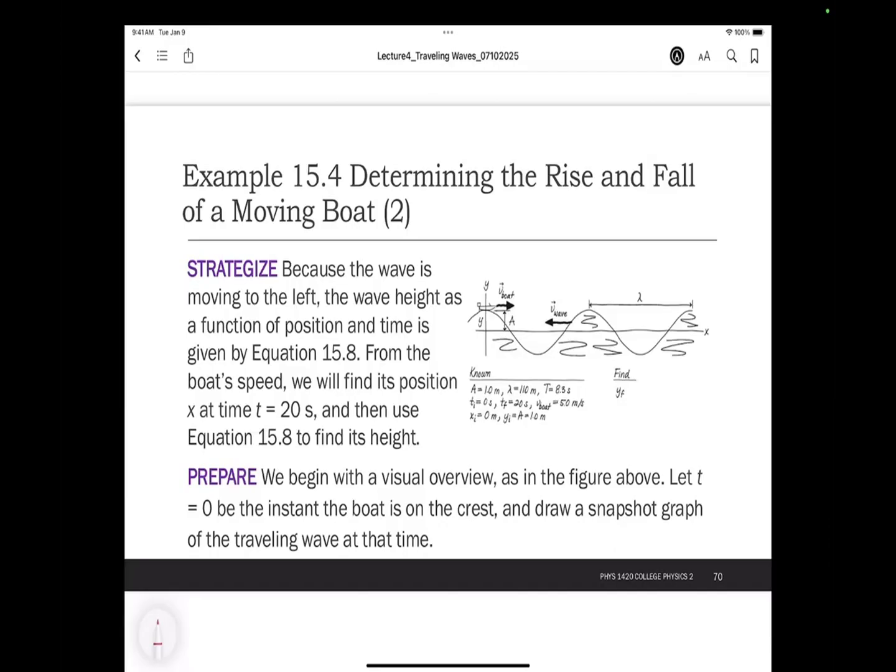From the boat speed, we will find its position x at time t equal 20 seconds, and then use this equation to find its height.